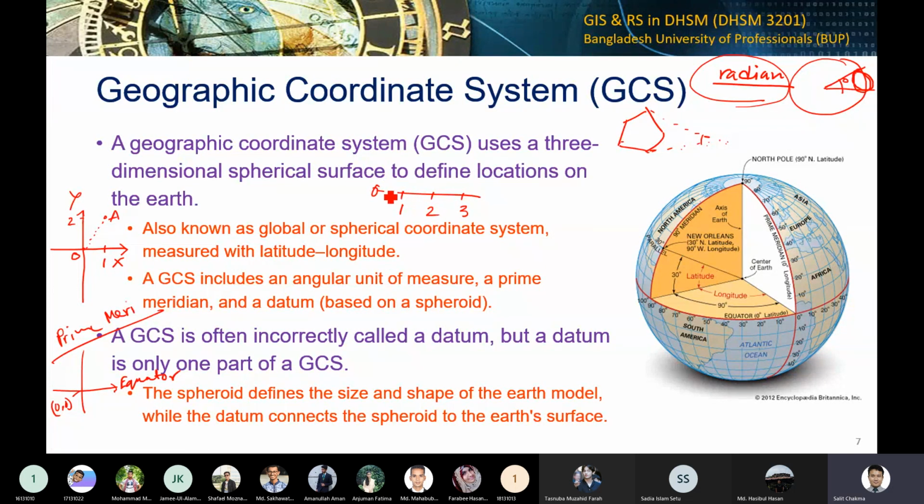If you have a ruler in front of you, you will find inches on one side and centimeters on the other side. 1, 2, 3, and so on. And finally, when it reaches 12, we say that it's 1 foot. So for any measurement, we have these intervals or scales to work on.